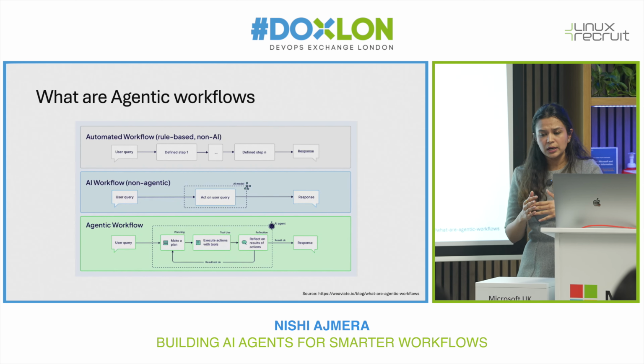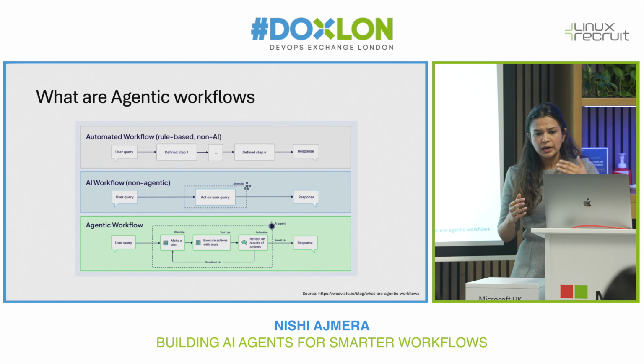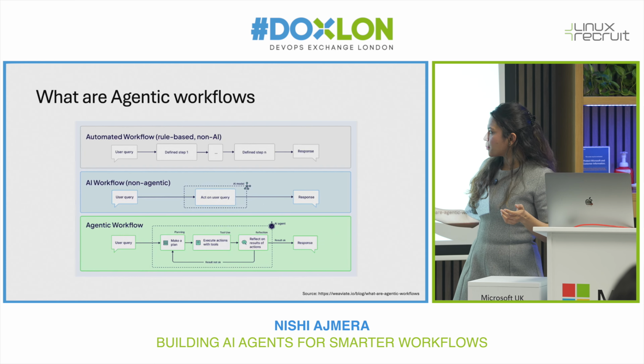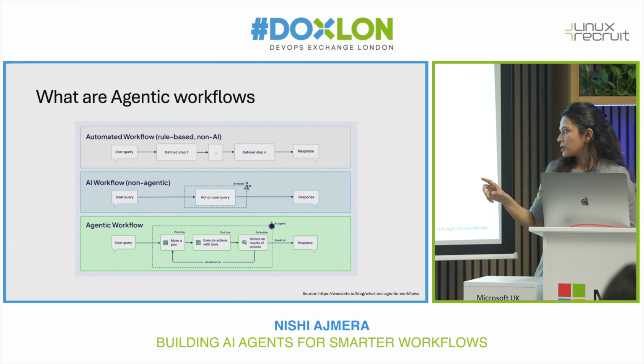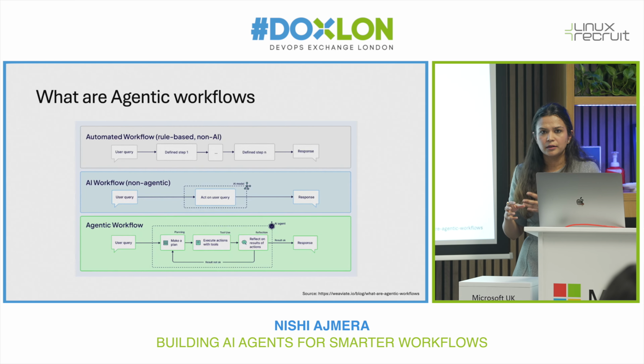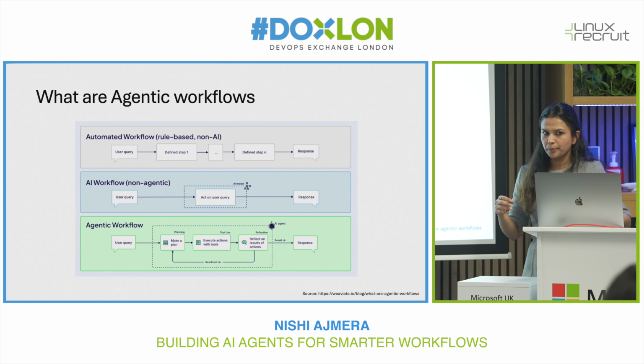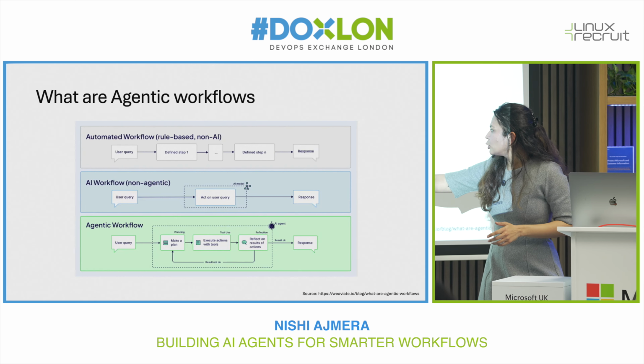The reflection agent will take the user's query and the output and figure out whether the output is relevant to the user's query or not. If it is not relevant, if it needs further details, it will send it back to the planning agent and ask it to modify the plan to make the output better. And this loop goes on.